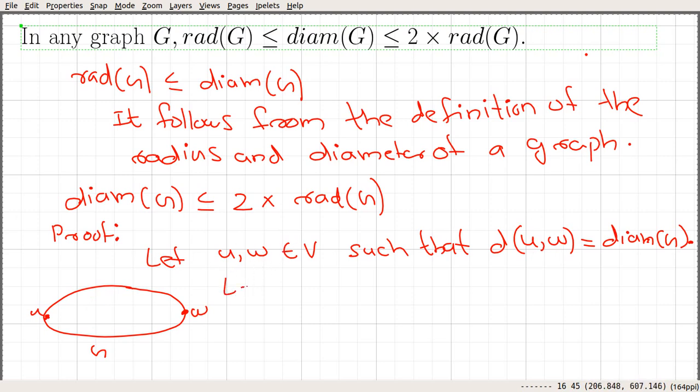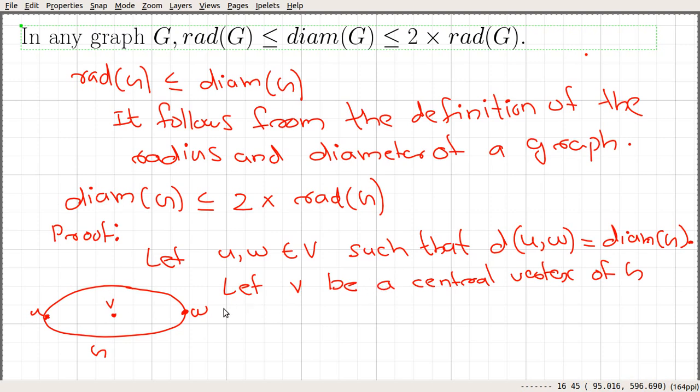And let's choose one more vertex, say V, and this V is chosen in such a way that V is a central vertex of G. So the V will be somewhere here.